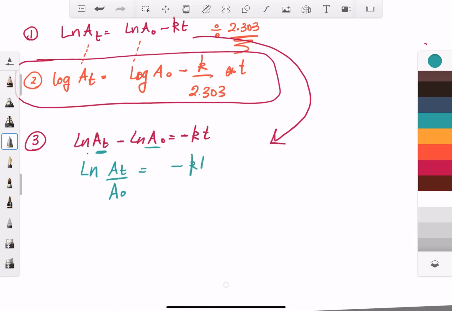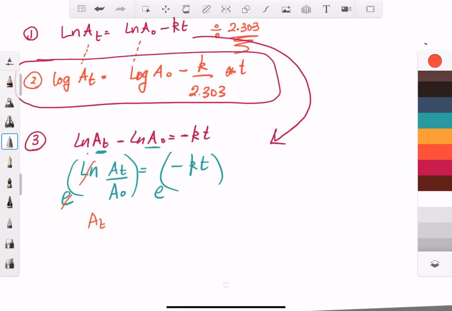So it will be minus. Okay, to get rid of the ln, we need to take the exponential of this. Then we will just get rid of that.